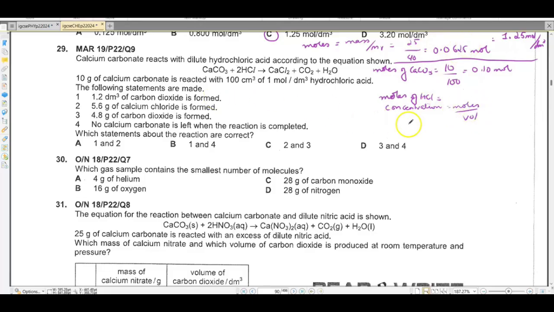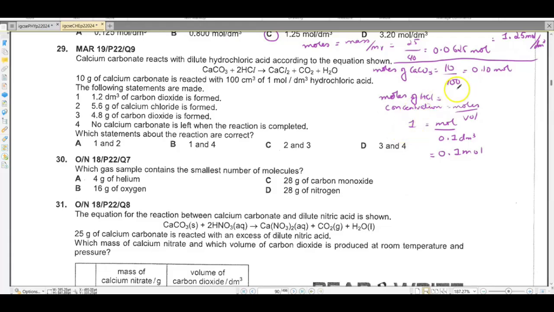So concentration is 1 mole per decimeter cubes, and then again we have to convert the volume into decimeter cubes because the concentration is in mole per decimeter cube. This is going to be 0.1 decimeter cubes. So moles are going to be 0.1. Theek ho gaya?